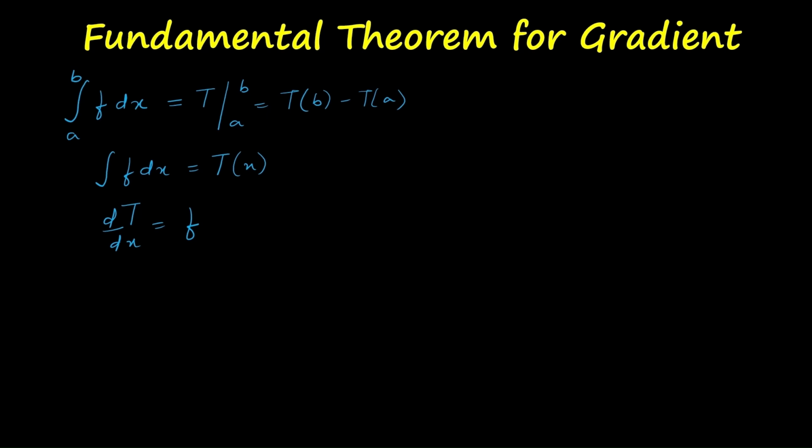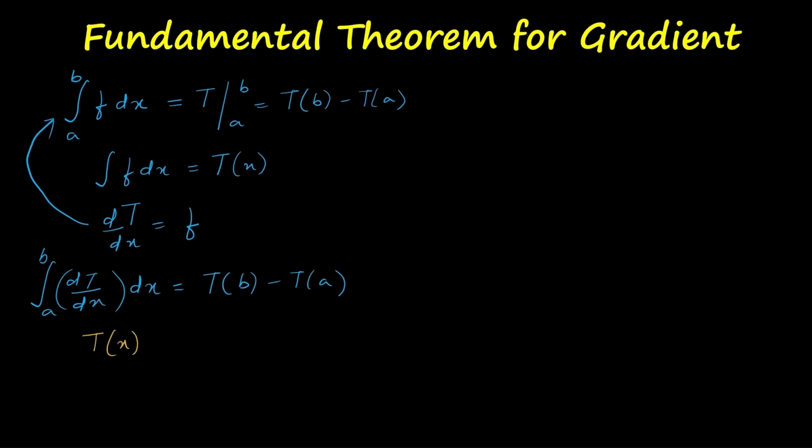So, if I substitute this in the first expression, then I can write that the integration of the derivative of T with respect to x will give T of b minus T of a. Here we are dealing with a function of a single variable. Now, let us try to write in terms of vectors. Let's say T is a function of x.